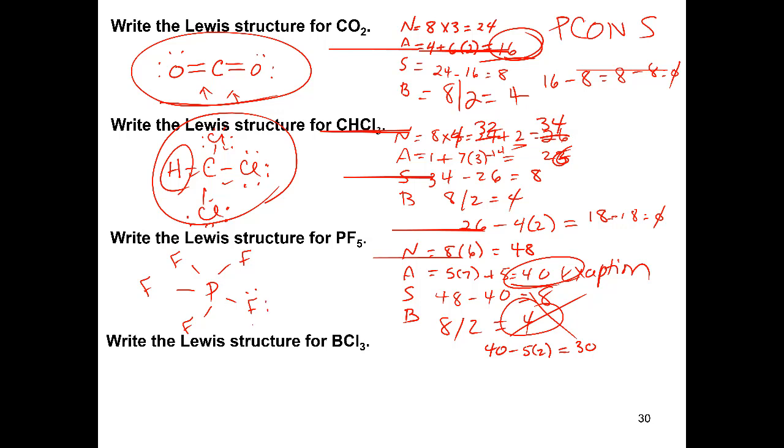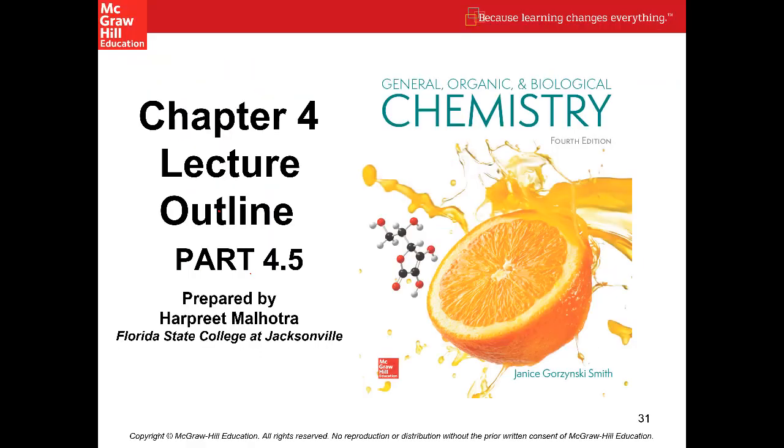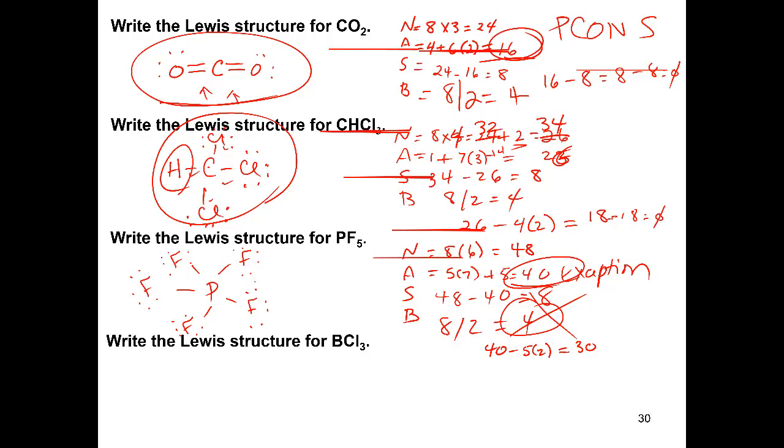So 1, 2, 3, ... 30. Okay, well that worked because that's 30. 30 is what I have left. And so that gives me 0.